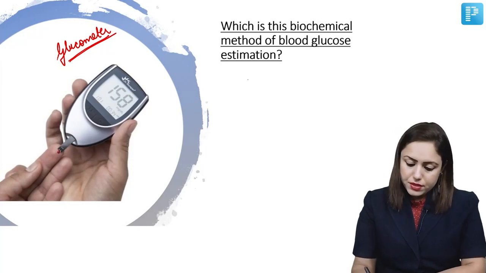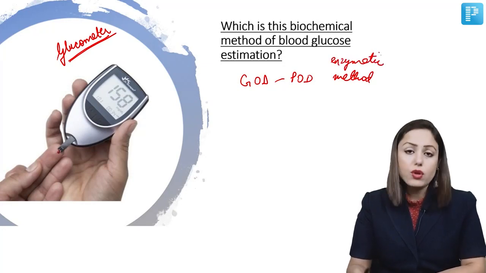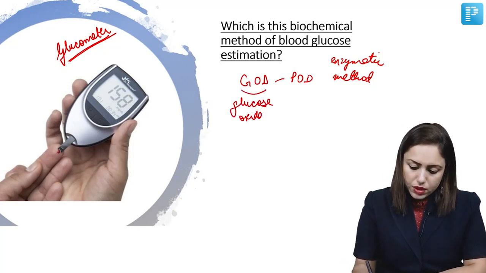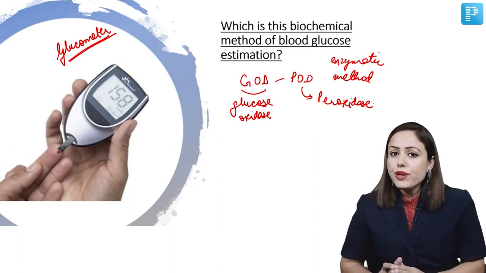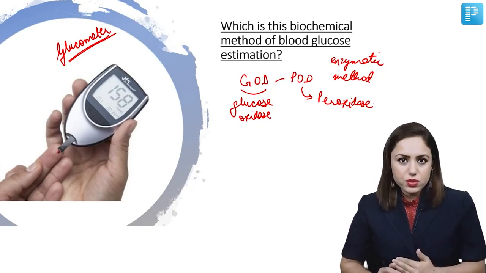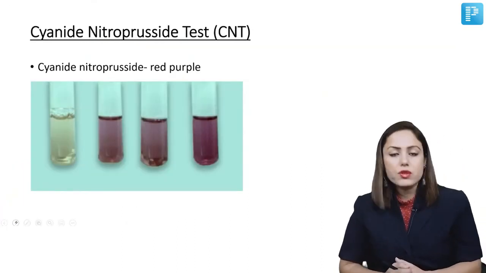So that test is the GOD, POD enzymatic method of glucose estimation. GOD stands for glucose oxidase, POD stands for peroxidase, right? I have already covered the GOD POD test details in carbohydrates. Okay, so here we are just looking at the images.